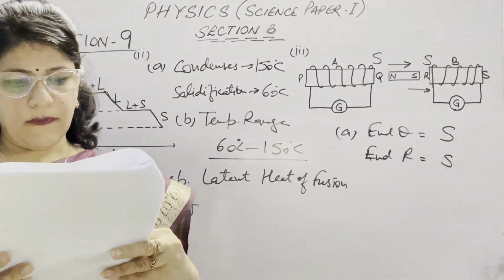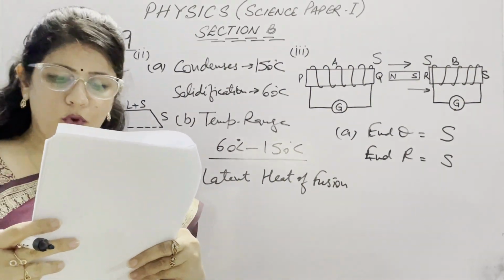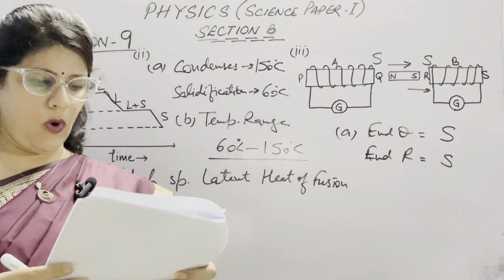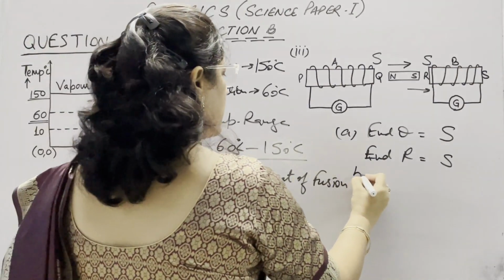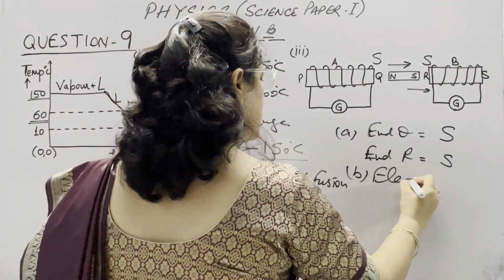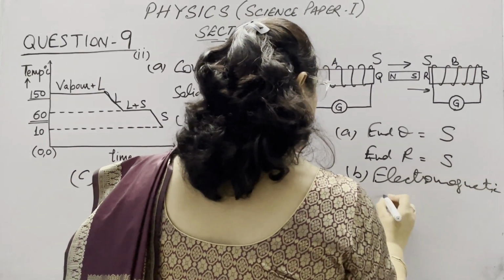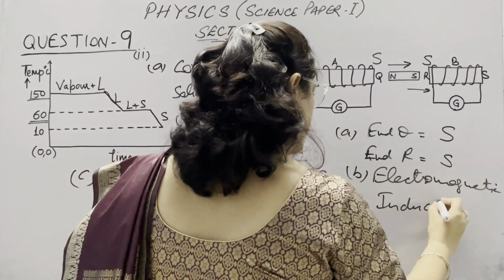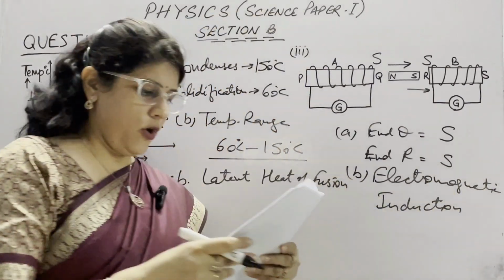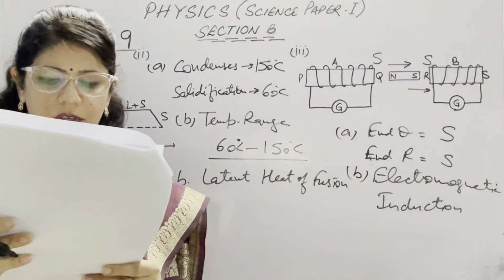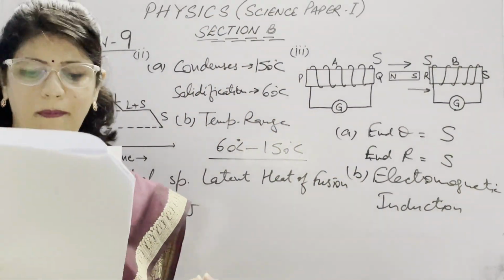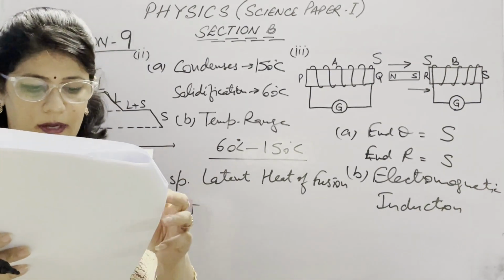In B part, name the phenomenon due to which current is induced in the coil. We know that electromagnetic induction is the phenomenon according to which an EMF is induced in the coil if there is a change in the magnetic flux linked with the coil.